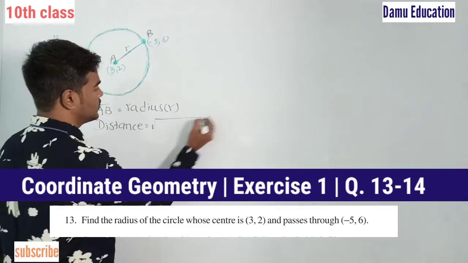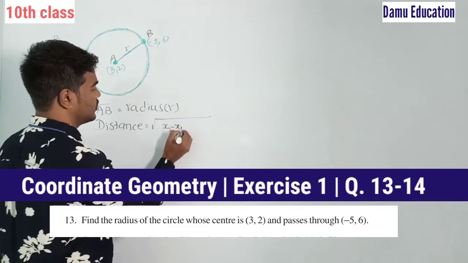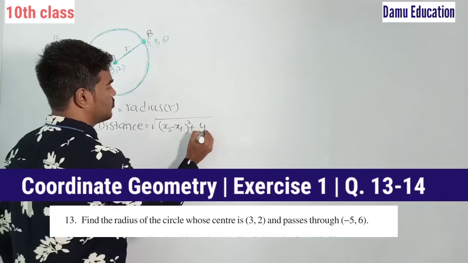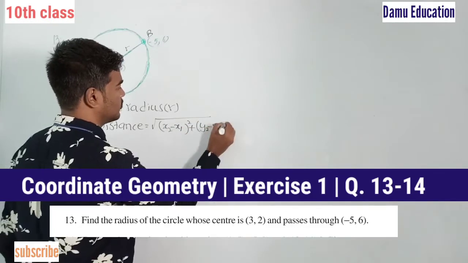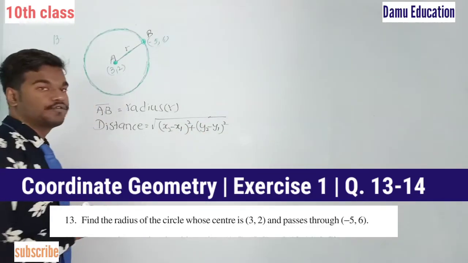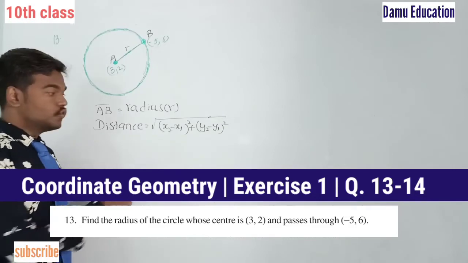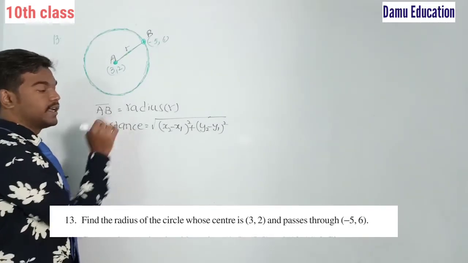What is the distance between two points? That is the square root of (x2 minus x1) whole square plus (y2 minus y1) whole square. This is the formula. If we substitute in this, we will get the radius.